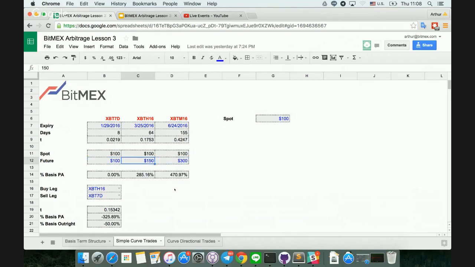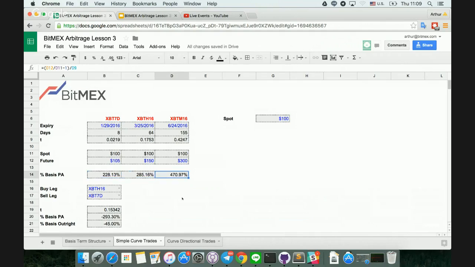So what do we see here? Let's just change this to 2015. We have a nice upward sloping percentage basis per annum term structure. So what is the obvious strategy using this term structure?